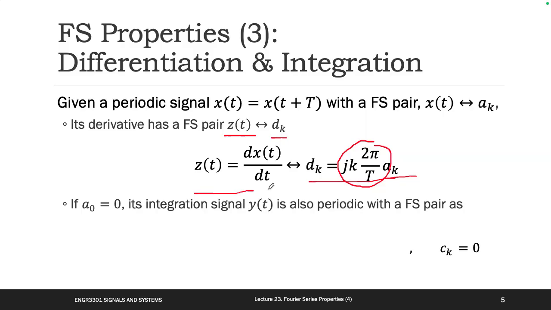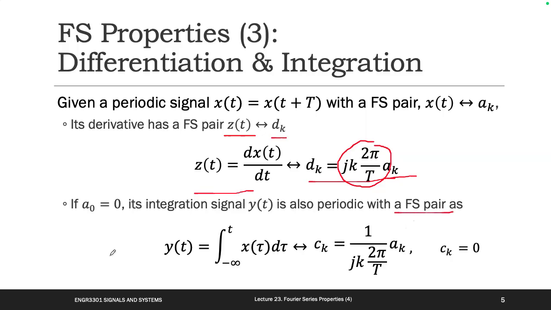If a naught equals 0, the integrated signal y(t) is also periodic with FS pairs as this one. y(t) equals the integration of the original signal x(t), and the new FS coefficient c_k should equal this part. We also said c naught must equal 0. Do you remember why?